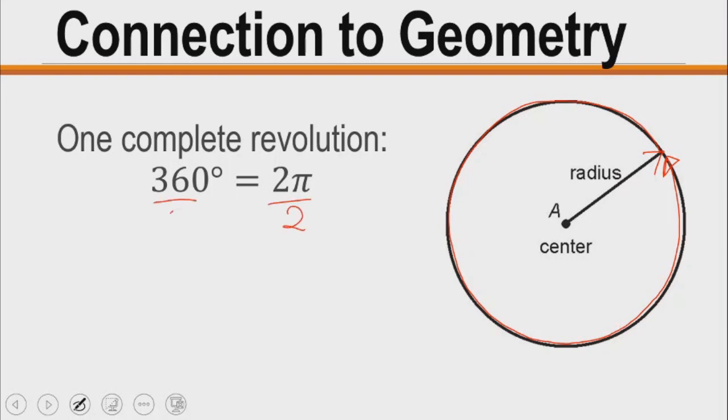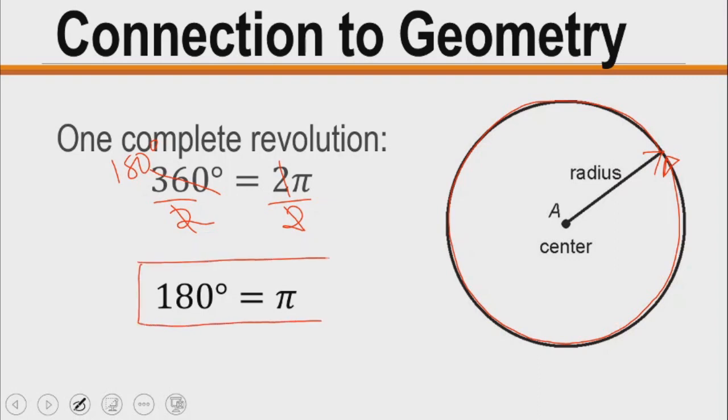If I divide this by 2, I get 180 degrees, and 180 degrees is pi radians. This is very important to note. You need to write this down in your journal: 180 degrees equals pi radians. That is what we are going to use to convert angle measures from degrees to radians or radians to degrees.